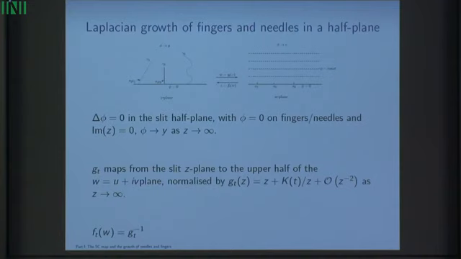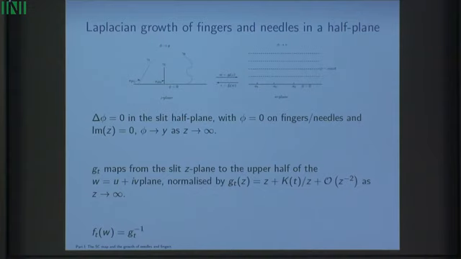How to? Yes, and I'm just about to come on to how. So the price we pay is we've got a singularity at the tips of the needles and fingers, but the advantage is that if we know the velocity at the tips and needles, then we can somehow step forward in time.